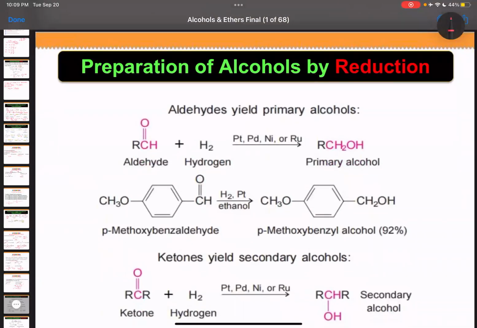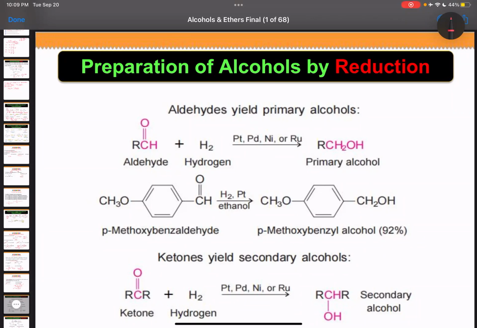So the next way for the preparation of alcohol is by catalytic hydrogenation or by reduction. And the most common way to do the reduction is by catalytic hydrogenation. What do you take in the catalytic hydrogenation, tell me.